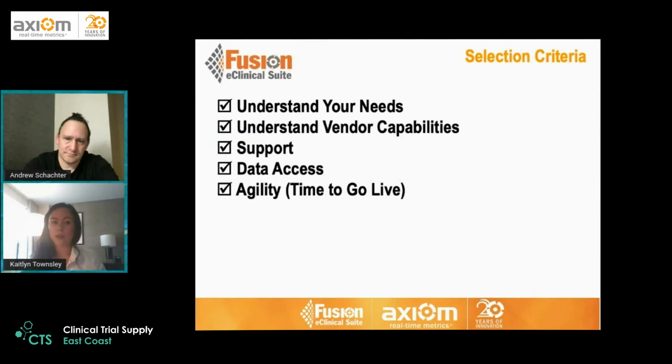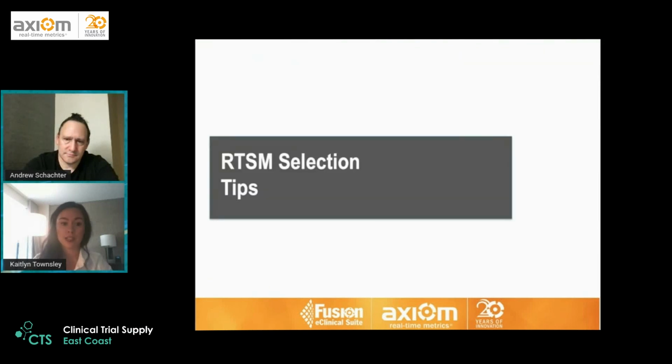So when we think about how to find that RTSM partner for your sponsor, we want to think about understanding the sponsor's needs, understanding the vendor's capabilities, what the overall support level will be from the vendor, data access, as well as agility or our time to go live.